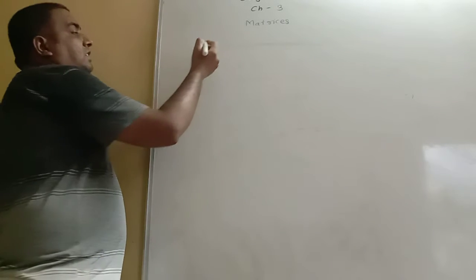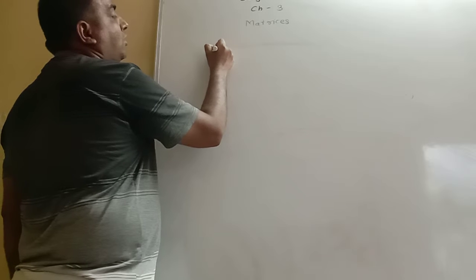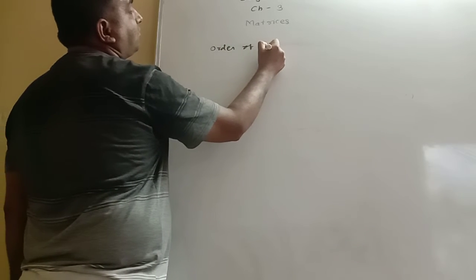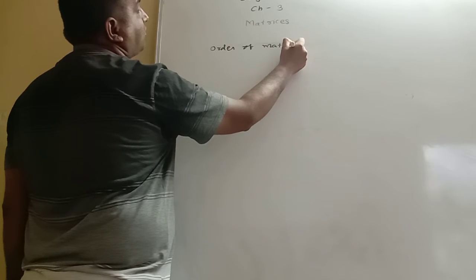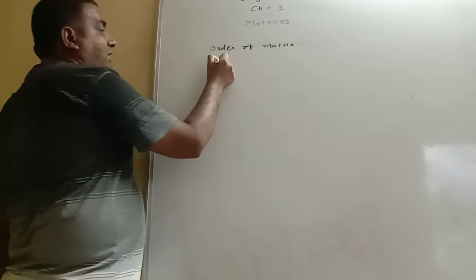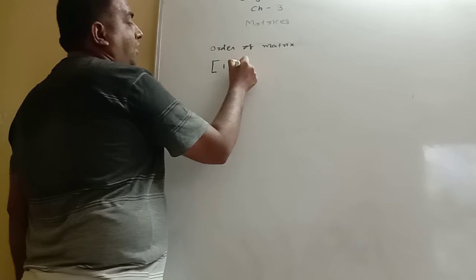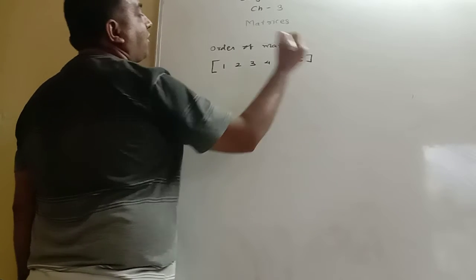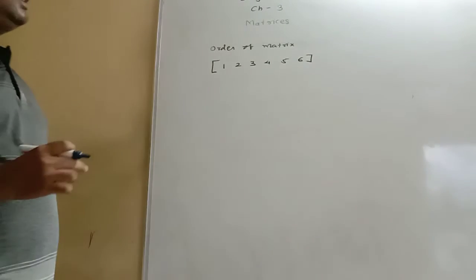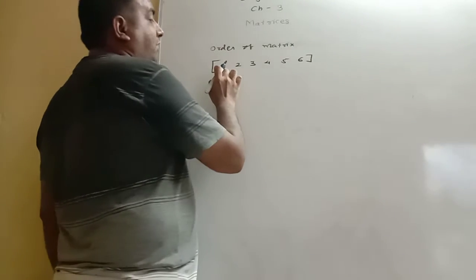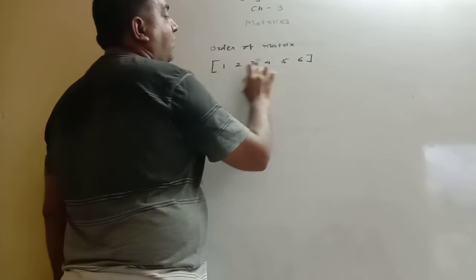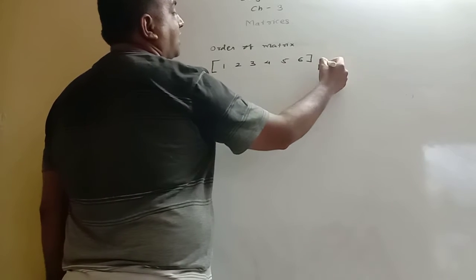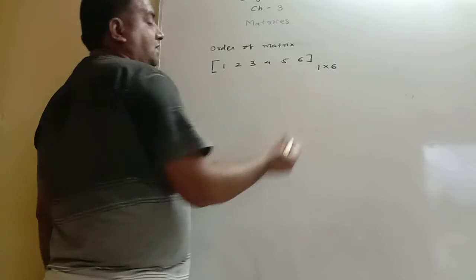Now we will see the order of a matrix. Just now we have seen the example where the numbers 1, 2, 3, 4, 5, 6 are arranged in one row, in one horizontal line. You can see that there is only one row and 6 columns, so it is of order 1 cross 6.